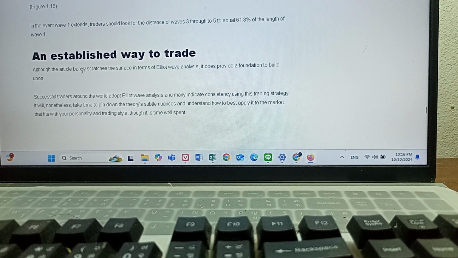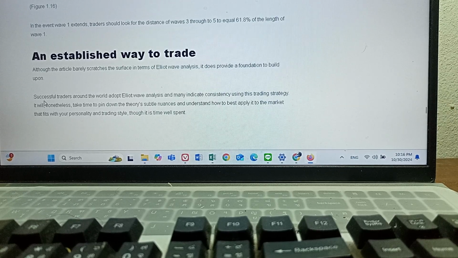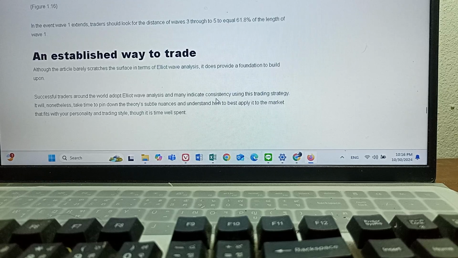Although the article barely scratches the surface in terms of Elliott Wave analysis, it does provide a foundation to build upon. Successful traders around the world adopt Elliott Wave analysis, and many indicate consistency using this trading strategy.